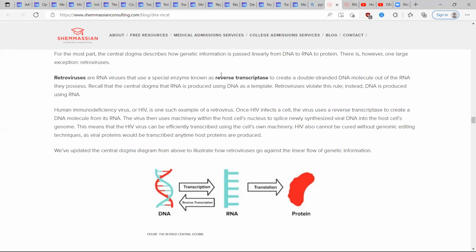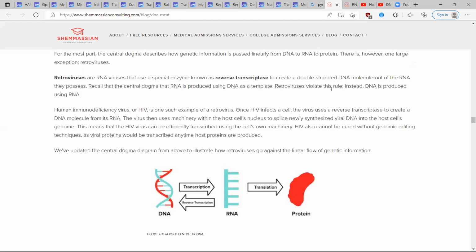So we have this thing called reverse transcriptase, which creates a double-stranded DNA molecule out of the RNA that they possess, right? Is this a DNA polymerase or an RNA polymerase? I didn't fully explain what a DNA polymerase is and what an RNA polymerase is. But if it's making a DNA molecule, then it's a DNA polymerase.